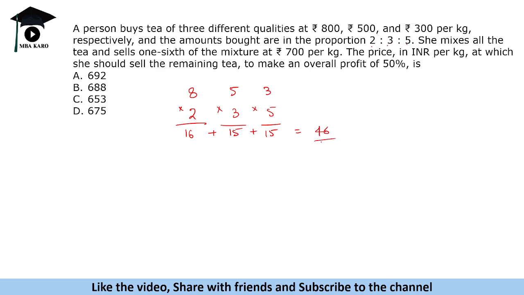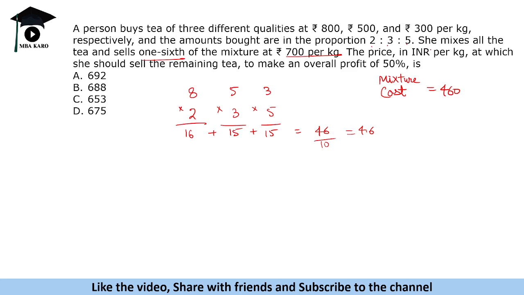So total is 10. So that is 4.6 per kg. Now, since I removed the 100, it will become 460, right? So the cost of the mixture is 460 rupees.